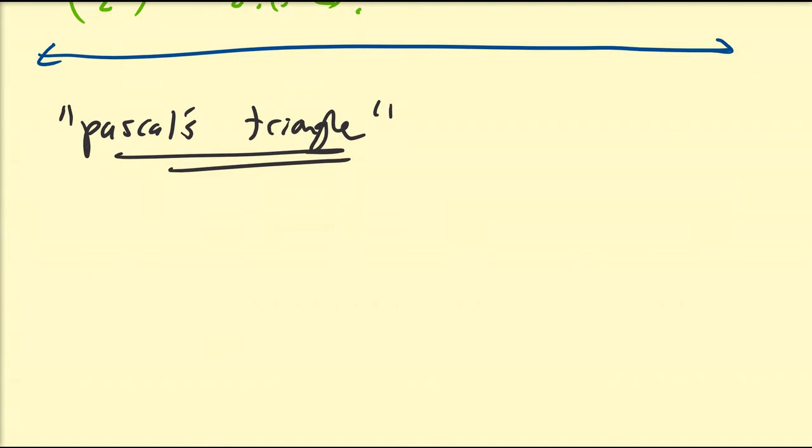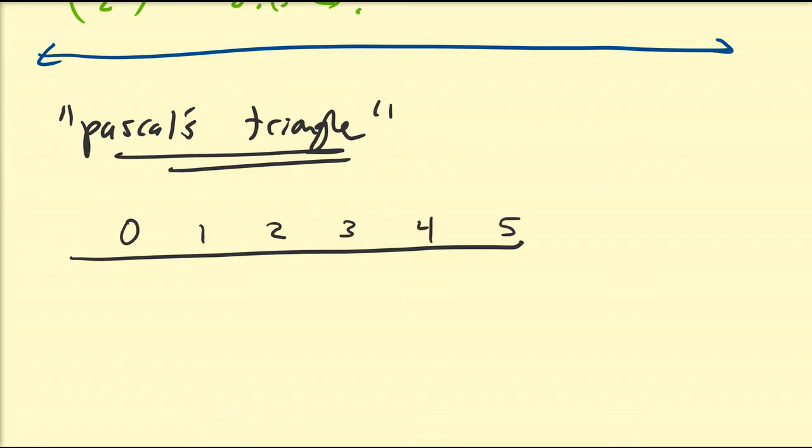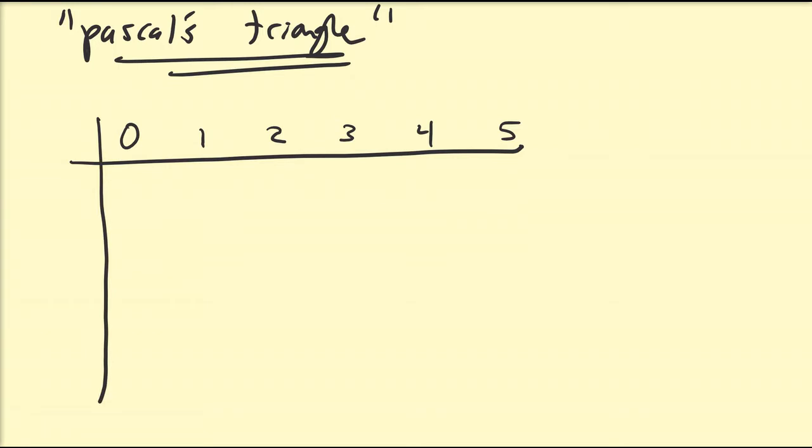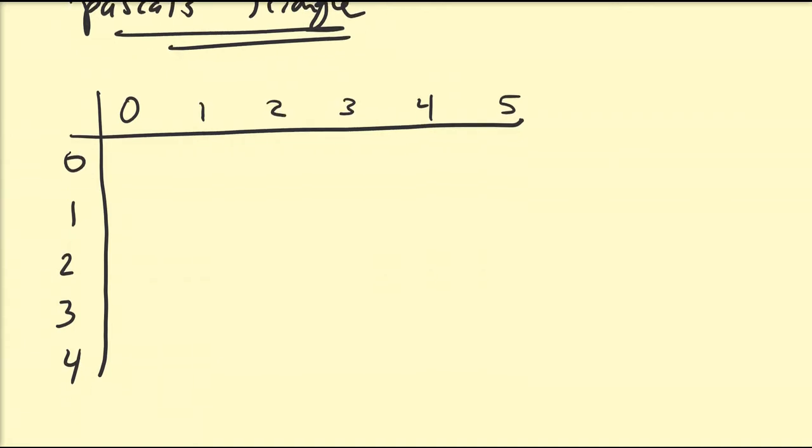So I'm going to create a column, which is going to be labeled 0, 1, 2, 3, 4, and 5. And then I'm going to have 0, 1, 2, 3, 4, and 5 across. Let me just draw a little table here.